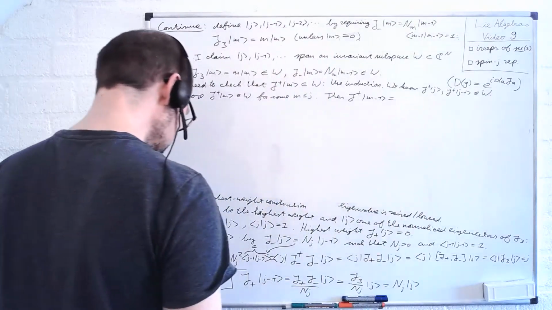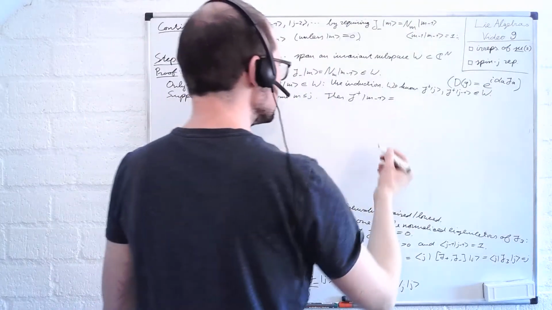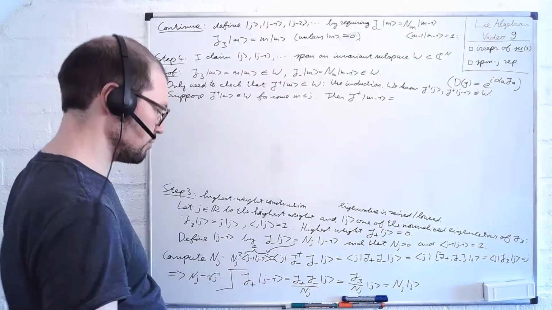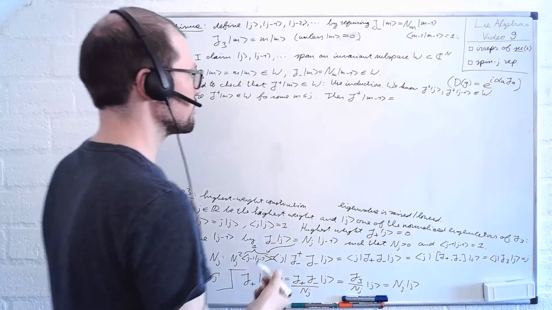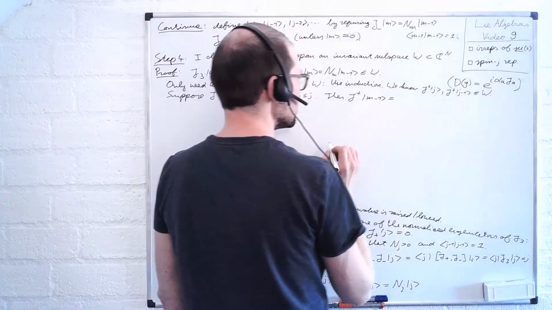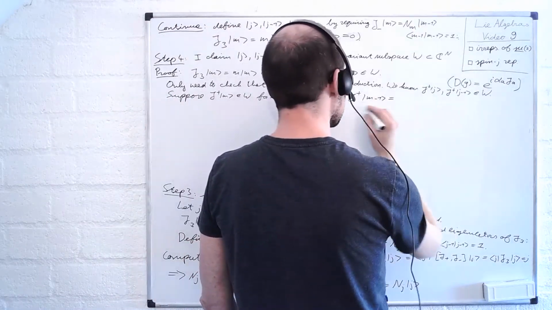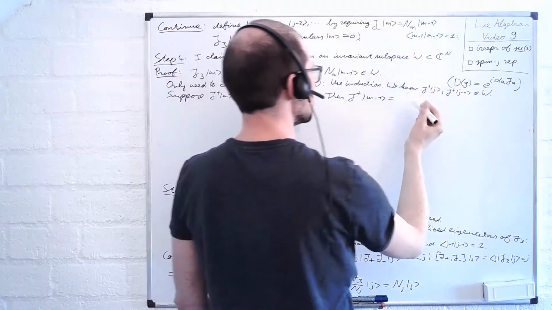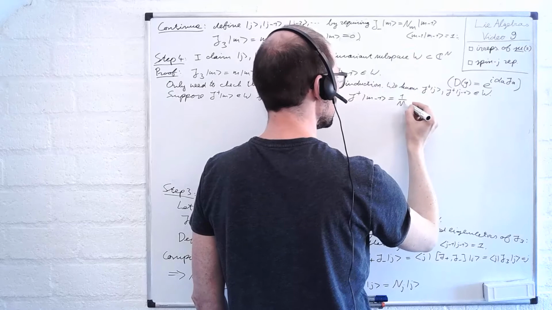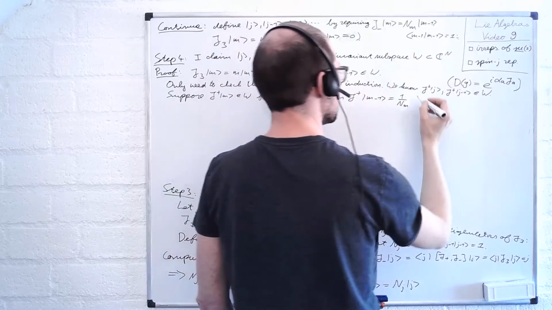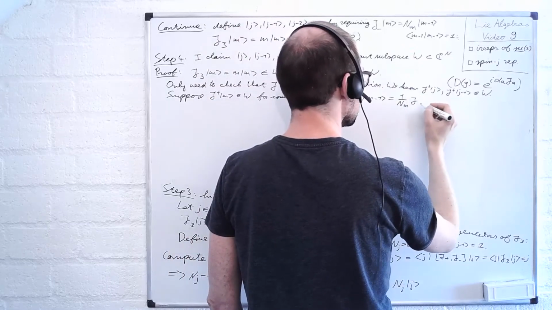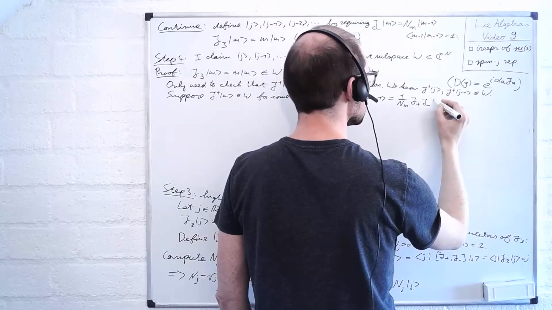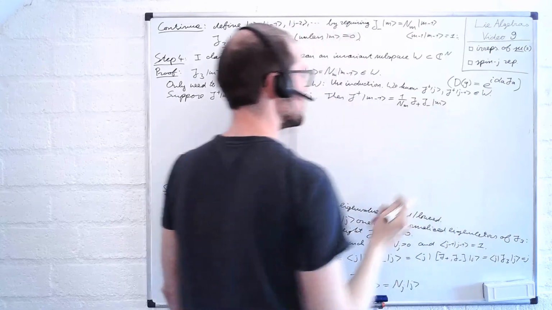So let's compute this. Essentially the computation is the same as what we did for J minus 1. By definition, m minus 1 is given by 1 over n m times J minus acting on m.